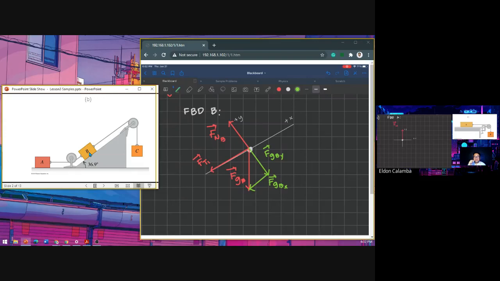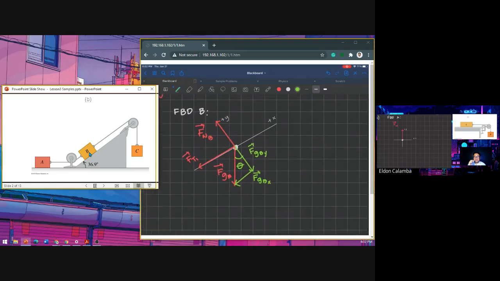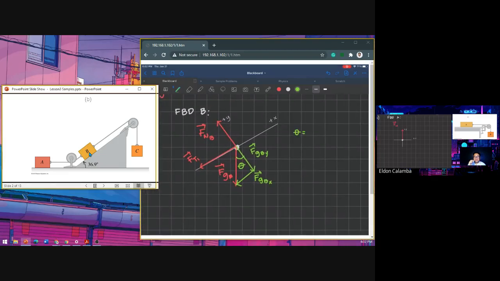Paano ngayon niya makuha yung x and y components na yan? You need to make use of your SOHCAHTOA with your trigo. Okay, so kailangan mo ng angle. Ang angle na gagamitin natin is actually ito na angle dito. Yang theta na yan. And mind you, that theta is just equal to kung ano yung angle ng ating ramp. The angle of the ramp is 36.9.